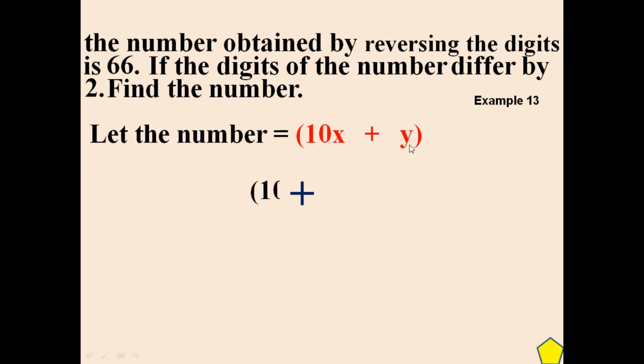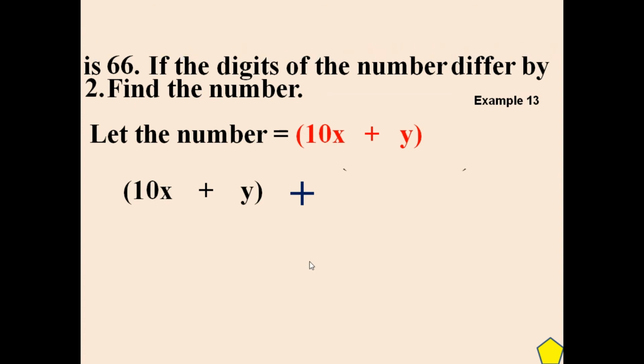The two-digit number is 10x plus y, and the number obtained by reversing the digits, something that we did in the previous question, is 10y plus x, where y goes in place of x and x goes in place of y, and the sum is 66.